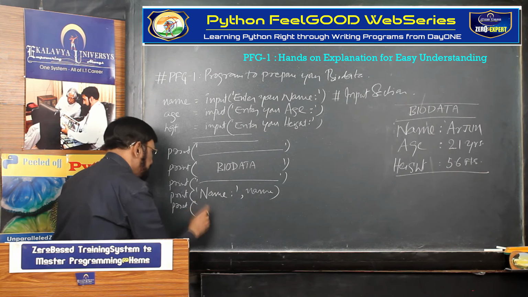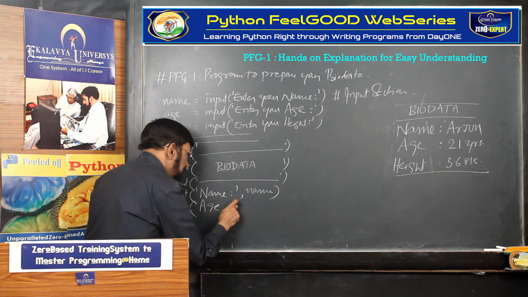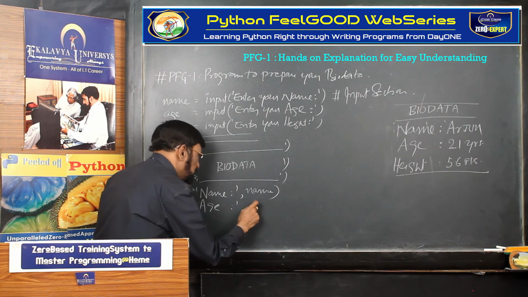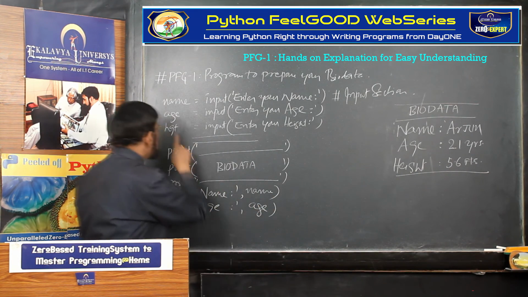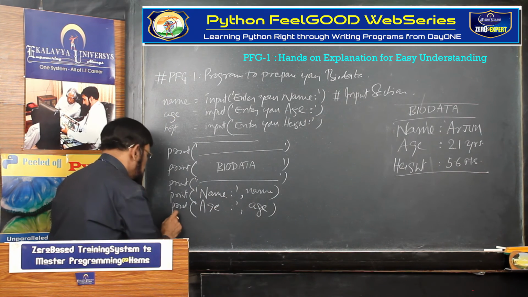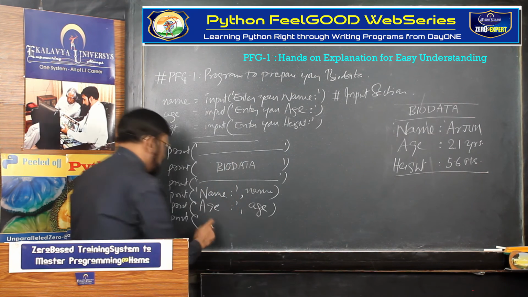Next, print. What is there? Age. Here also you see the columns, put them in an aligned way. Here age. What spelling you have written? That same thing, same case. Next, print. What are you expecting? Height.